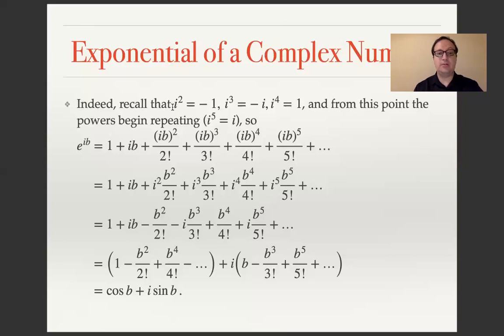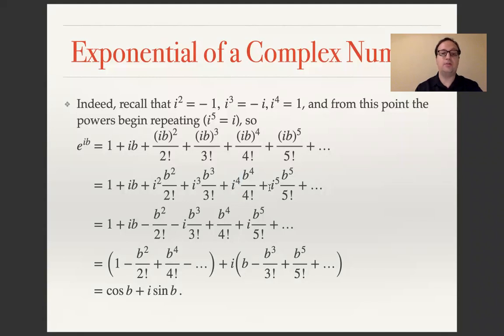Since the imaginary unit has the property that i squared is minus 1, this means if we multiply by i, i cubed is minus i, and then if we multiply by i again, i to the 4th is minus i squared, which is 1. So from this point forward, starting with i to the 4th, which is 1, the powers begin repeating.